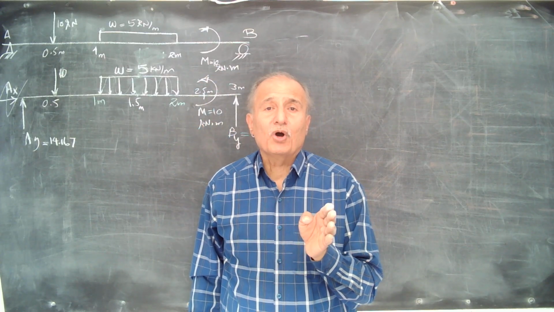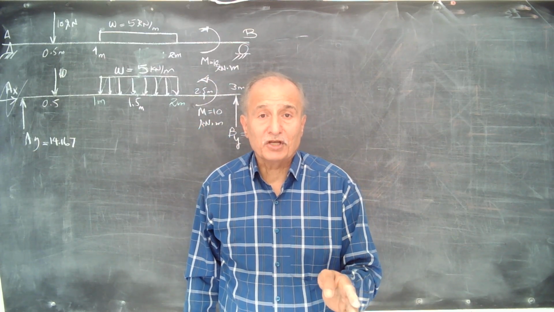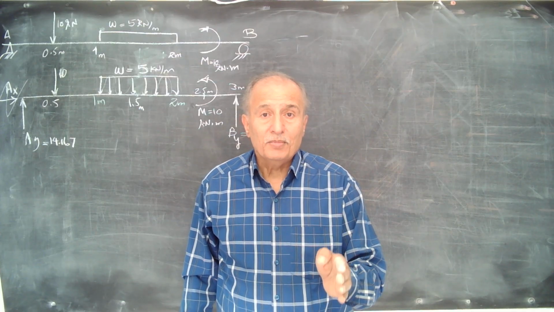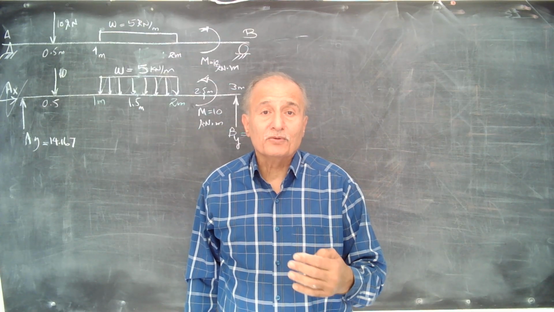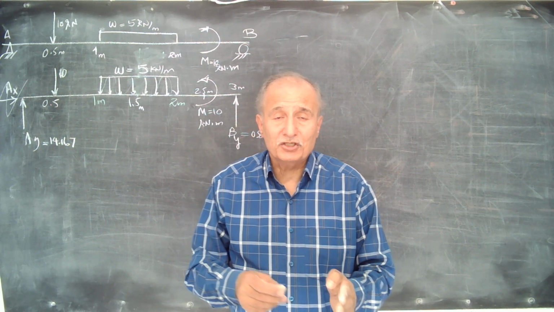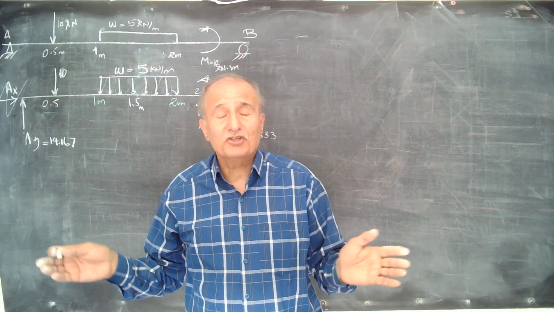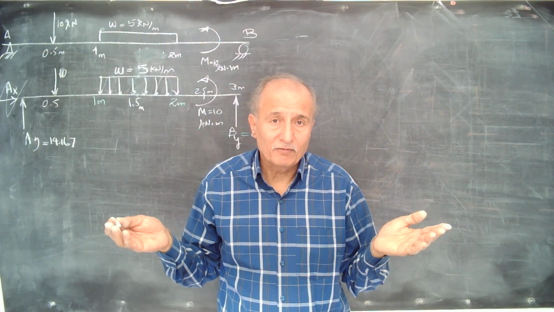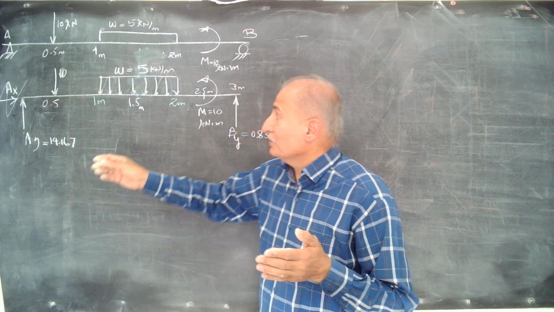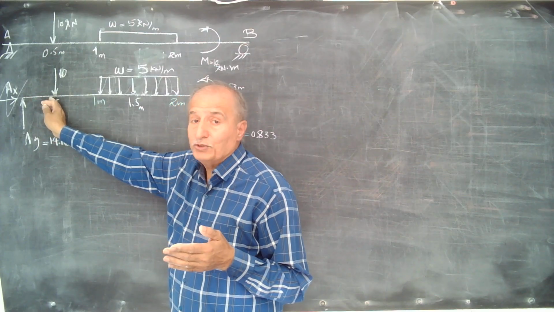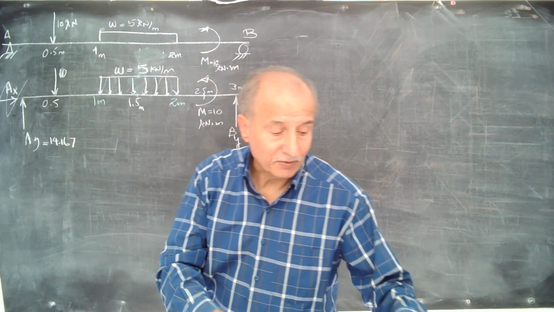Loading conditions to draw the bending moment diagram or shear force diagram is very important because you have to cut the beam, and the number of cuts depends on the loading conditions. If the loading conditions from the first to the end don't change, one cut is enough. But if step by step you see that the loading condition changes, from here to here no change, we say, okay, we need one cut.